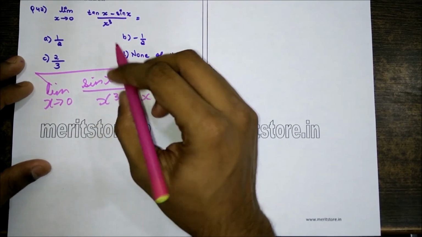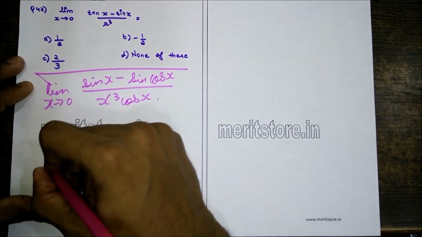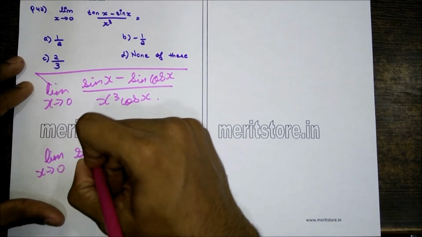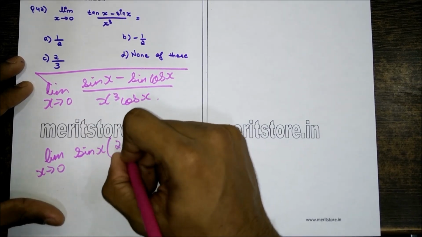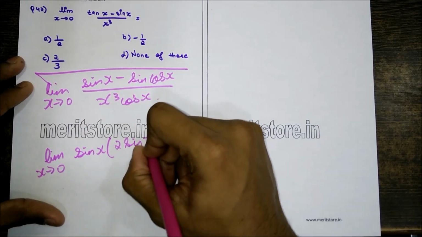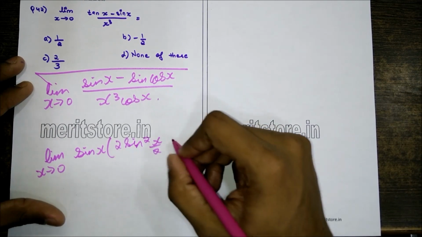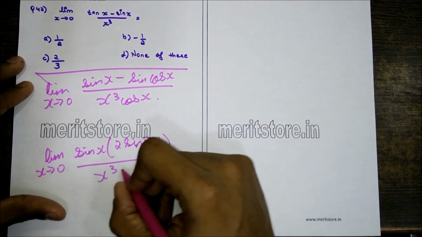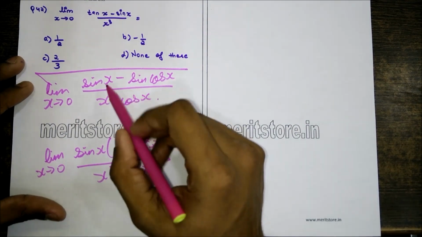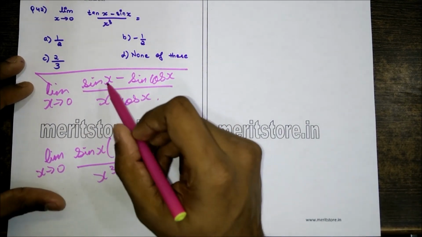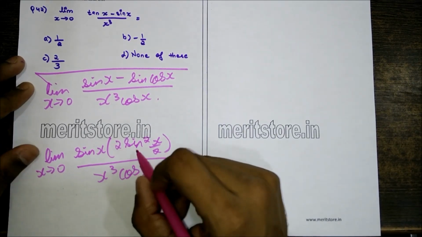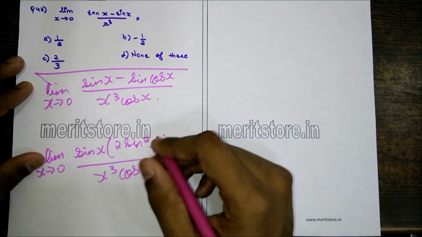We get this by writing tan x in terms of sin and cos, giving us limit of x tends to 0 of sin x into 2 sin square x by 2 upon x cube cos x. We get this by taking sin x common, and we have 1 minus cos x. 1 minus cos x is equal to 2 sin square x by 2.